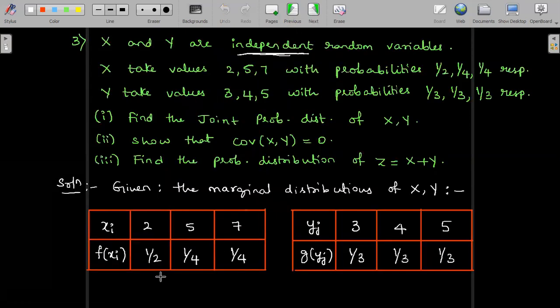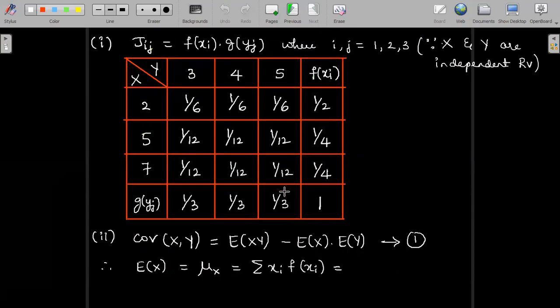Looking into the marginal distribution table, it will be helpful for us to evaluate it. Every xi should be multiplied with its probability. So 2 into 1 by 2 plus 5 into 1 by 4 plus 7 into 1 by 4 has to be performed.